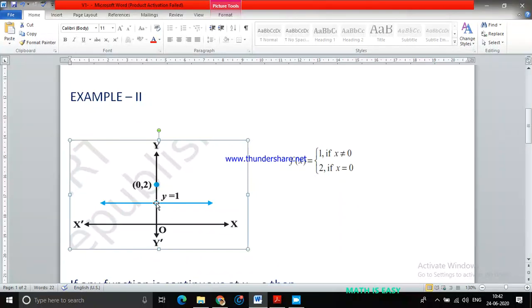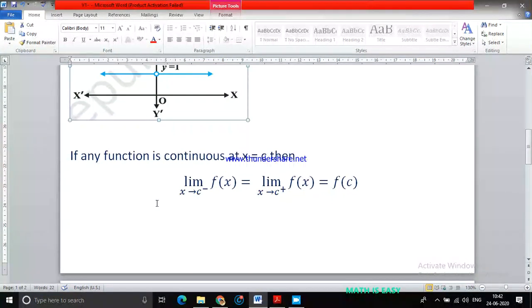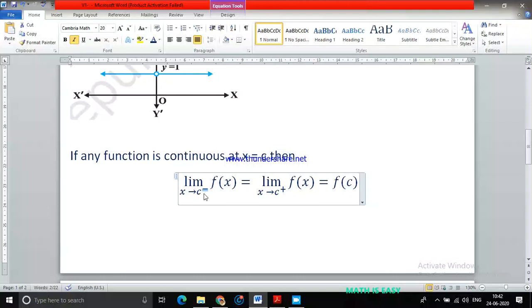So hence this example is also not a continuous function. If you remember the class 11th definition, if any function is continuous at x equals c, then limit x tends to c minus, where c minus represents the left limit, of f of x must be equal to limit x tends to c plus of f of x, which must be equal to the function value.